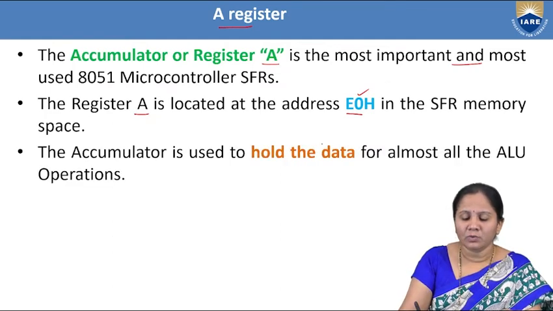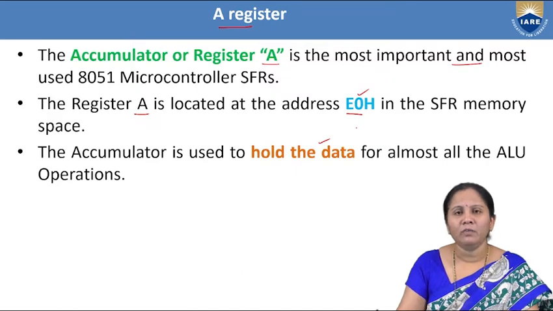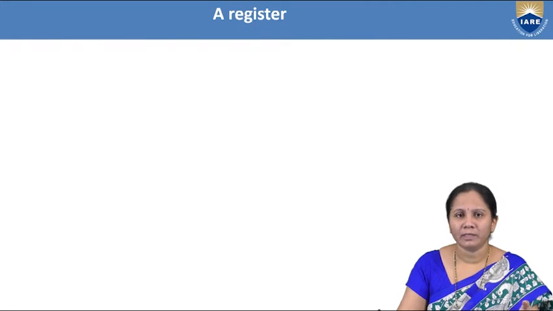The accumulator is used to hold the data for all the arithmetic and logical operations. In order to do any arithmetic and logical operations, we can use it to store the operand, or after performing the operations, to store the result.